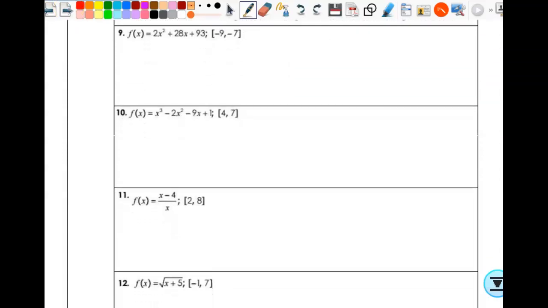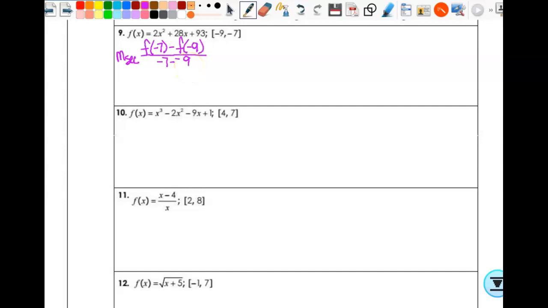So once again, I'm going to find the average rate of change on this interval. The slope of that secant line is going to be f of b, which is negative 7, minus f of a, which is negative 9, over negative 7 minus a negative 9.